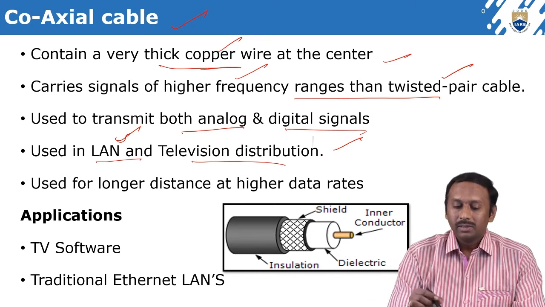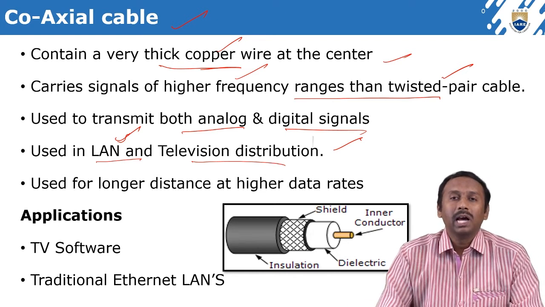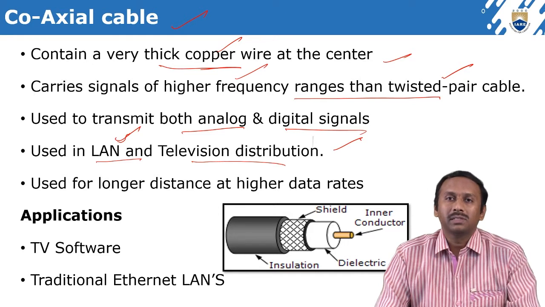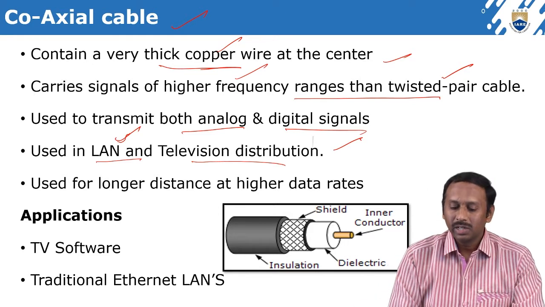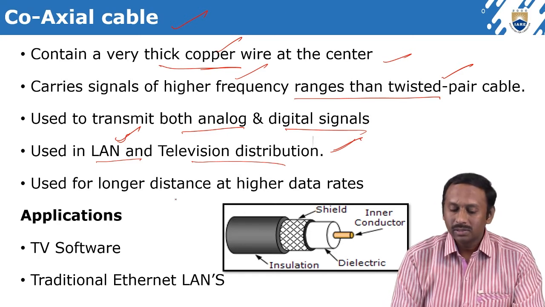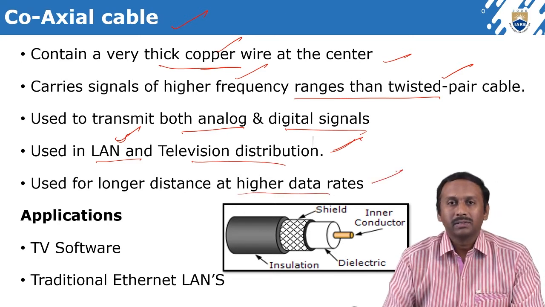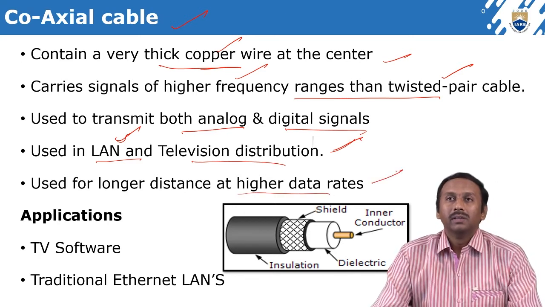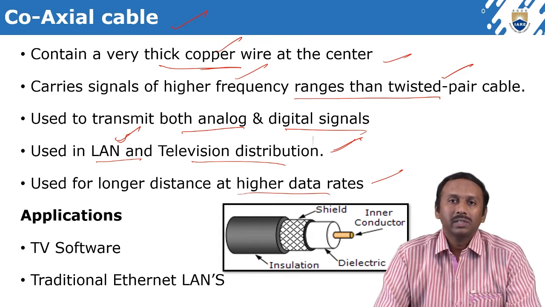This coaxial cable has thick copper, so that is the reason we can implement it in television distribution too, and use it for longer distances at higher data rates. So we can use this cable for long distances also.